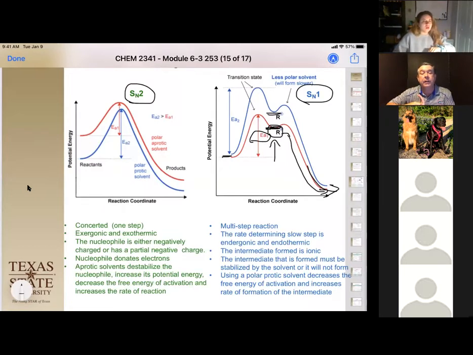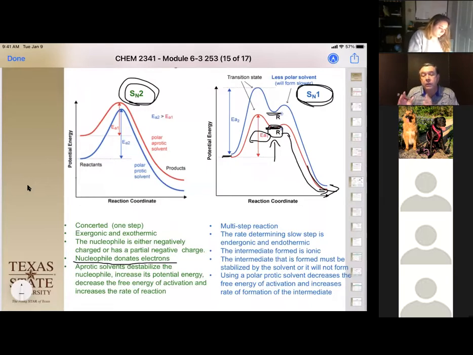When it starts to share that lone pair, then it can proceed to product. In the case of our Sn2, the nucleophile donates the electrons and the leaving group takes the other electrons away. In the Sn1 reaction here, the nucleophile actually is using a lone pair to create that new bond.